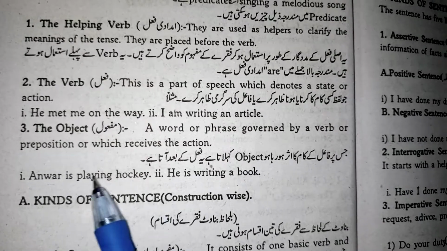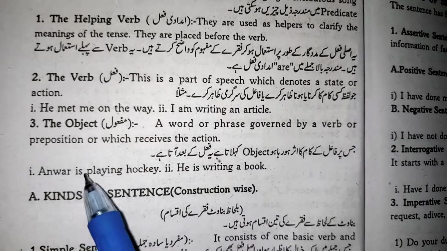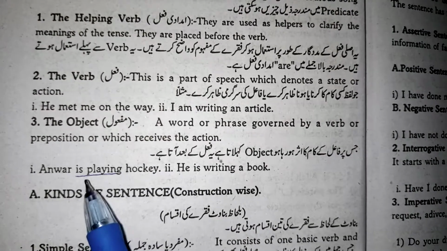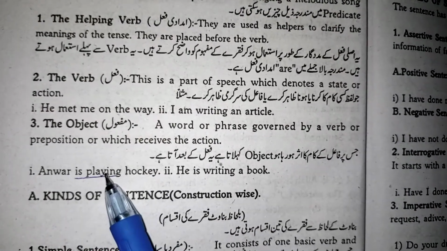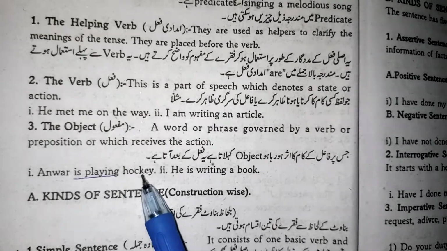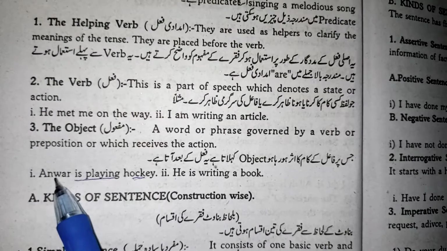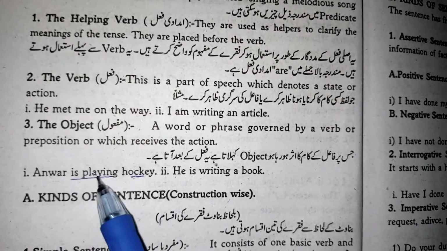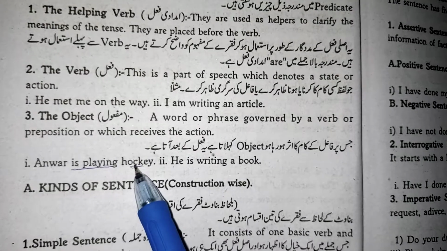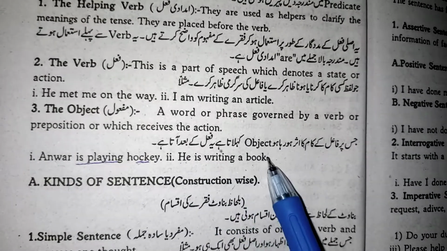So what is the verb out of these sentences? Is playing. Here is the verb phrase, is playing. And the action of playing is being performed on hockey. So hockey is the object. Anwar, subject, is playing, verb phrase, hockey as an object. And in the next example, he is writing a book.